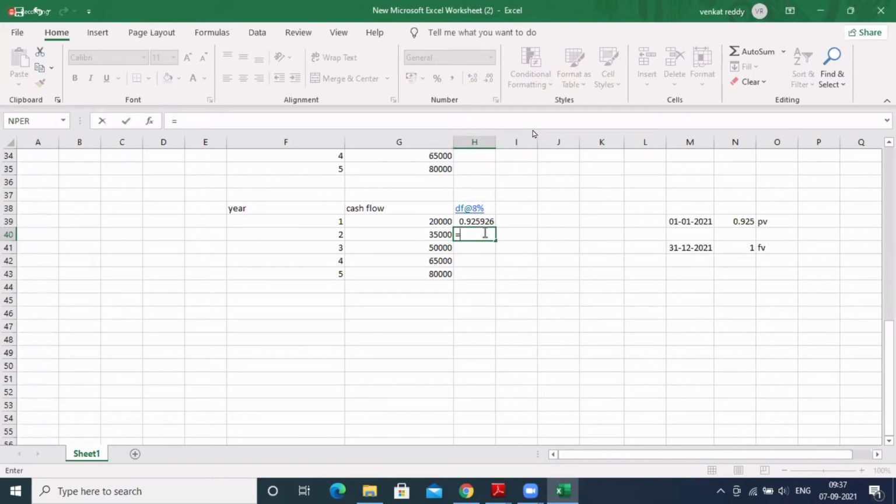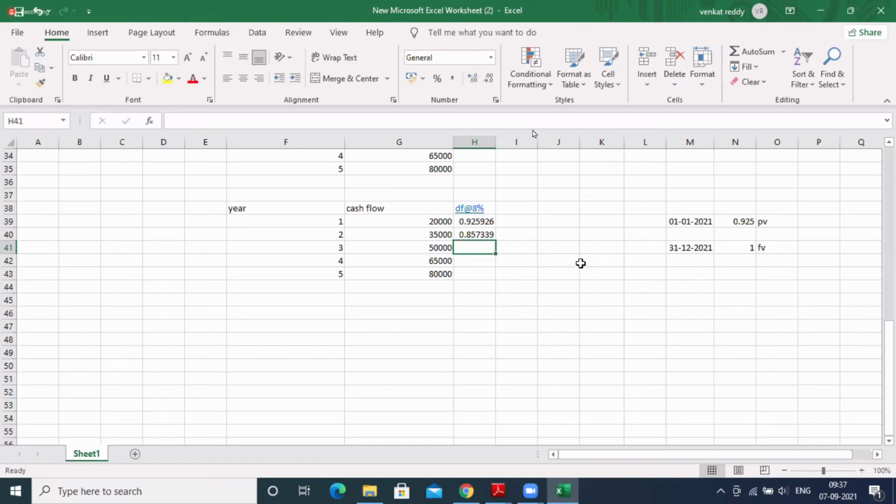So just see the formula. 1 divided by 1 plus 8%, and we are expecting to receive after 2 years. So its value will be 0.857.